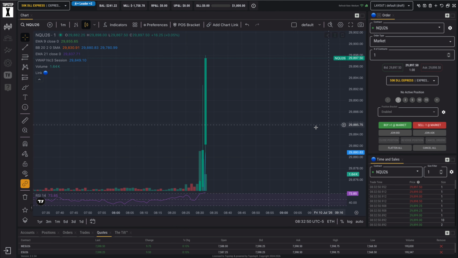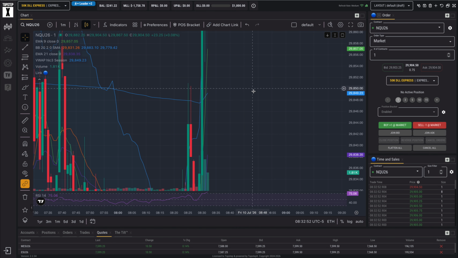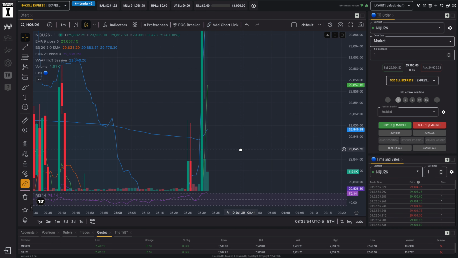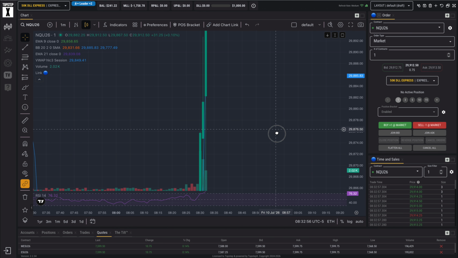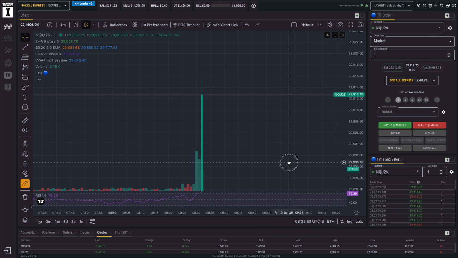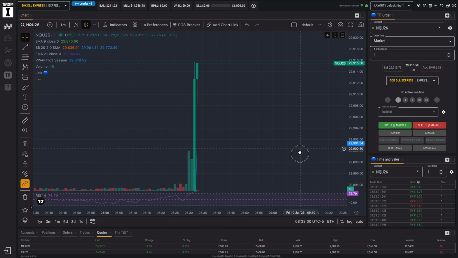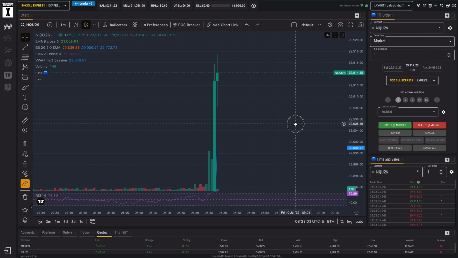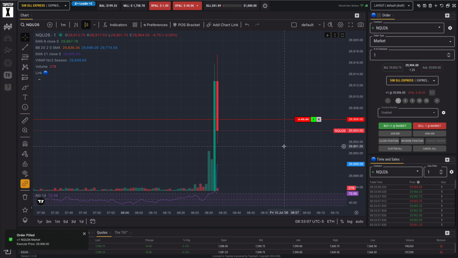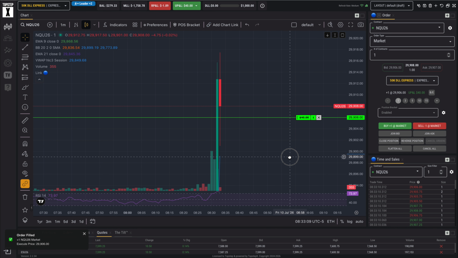Let's just see how this plays out. So candle number 1 broke the VWAP. Candle number 2, and it's still, so pull back. That's a good spot.